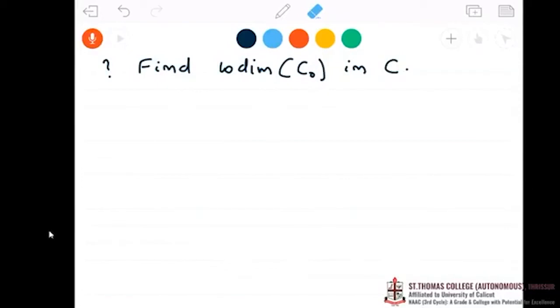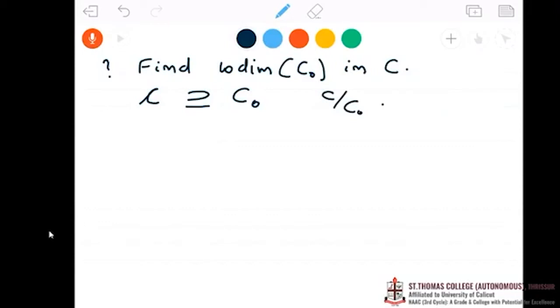So we know that c means the space of all convergent sequences, and c0 means the space of all sequences that converge to 0. So surely this c0 is contained in c. So c0 is a subspace of c. So we can think about c over c0, and we have to find the dimension of c over c0.